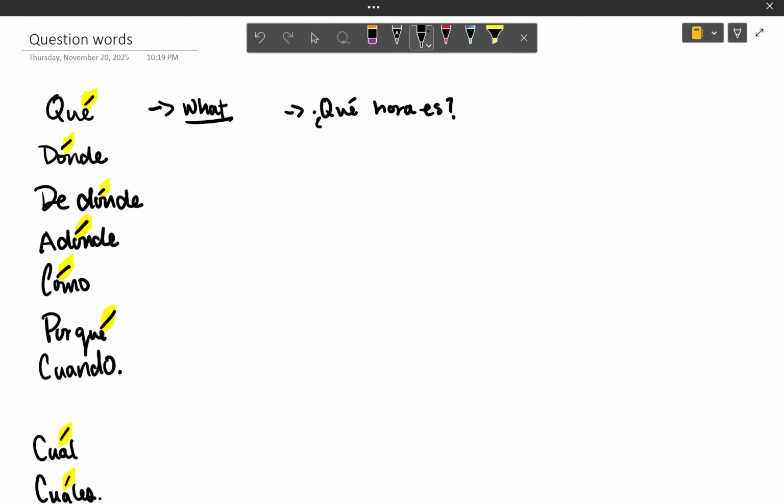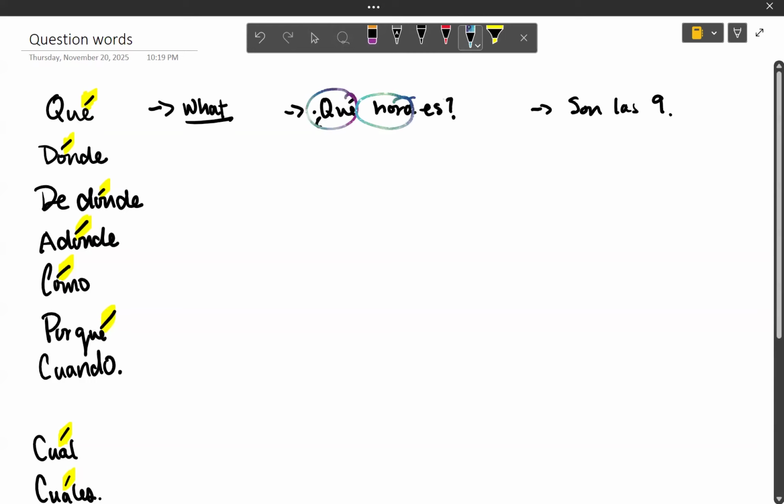Remember, question marks before and after, and an answer might be son las nueve. ¿Qué hora es? means what time is it? So it corresponds with English almost word for word.